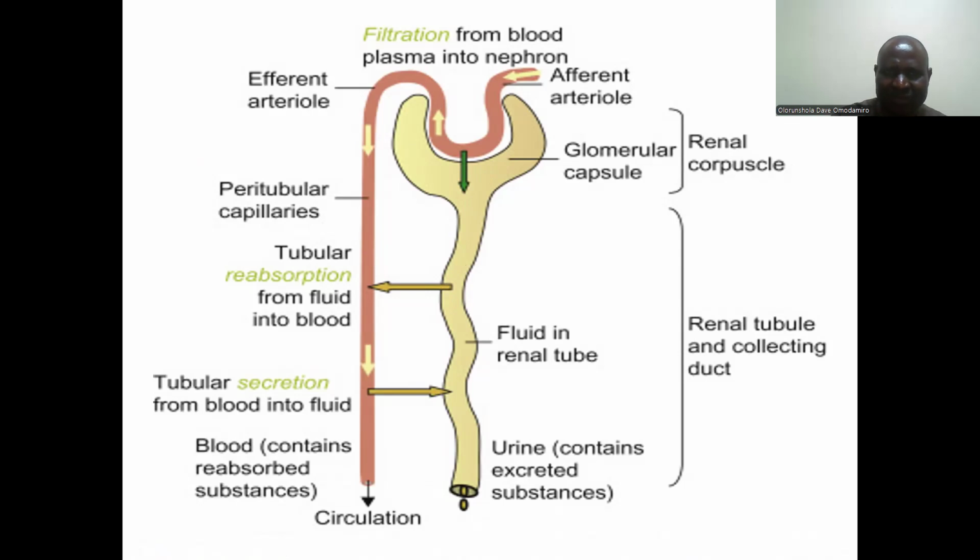So take a drug like aspirin, aspirin is a weak acid. If you have an overdose of aspirin, and the drug has to be excreted, what you need to do is give another drug that can make the tubule become alkaline. A drug like ammonium chloride would be a very good drug that will make this tubule become alkaline.